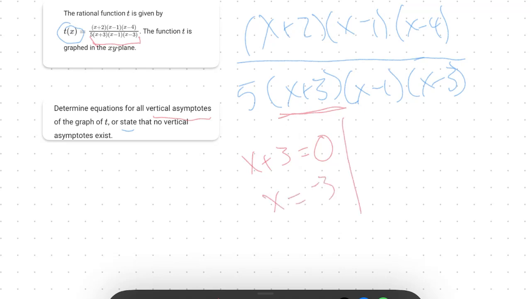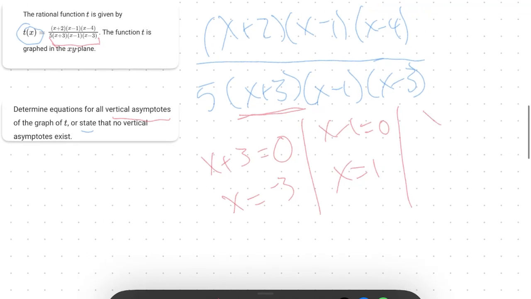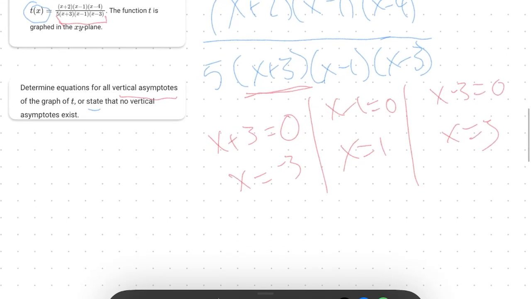Okay, turns out it's x equals negative 3. Then x minus 3, who would have thought, x equals 3. X minus 1 equals 0, x equals 1. So we have 3 things that make it undefined. However, it is saying just vertical asymptotes.